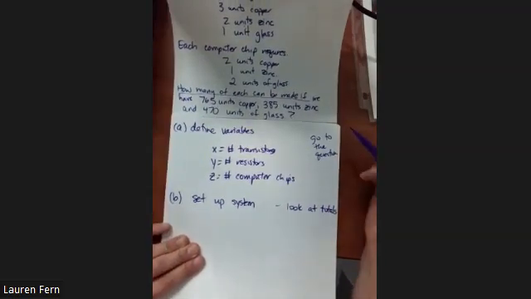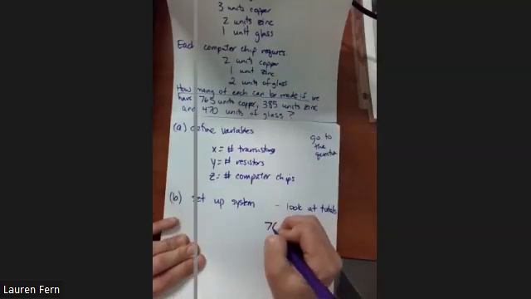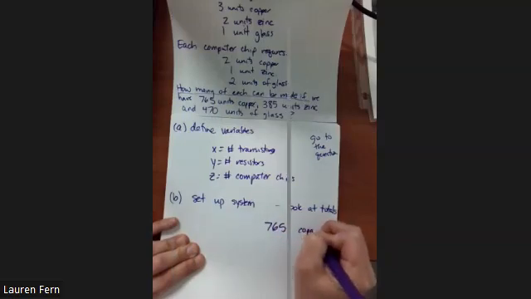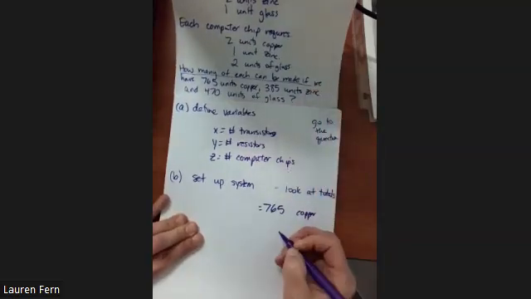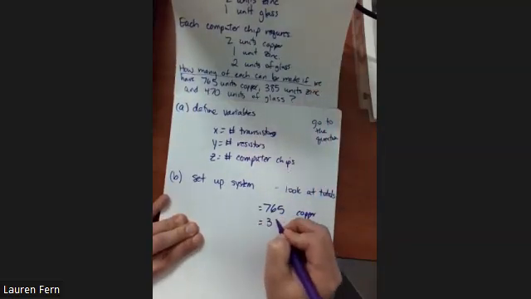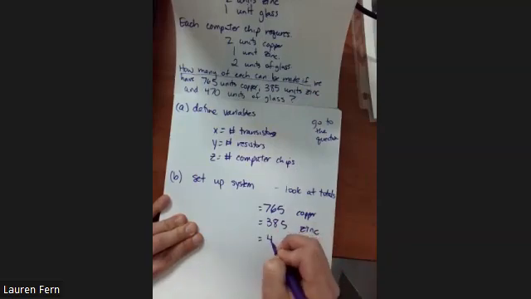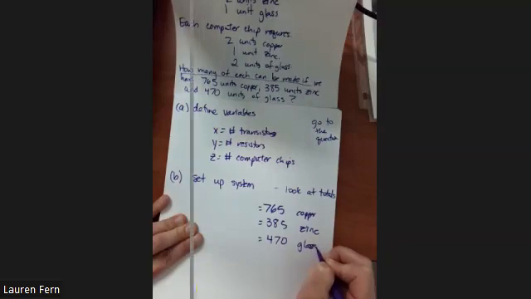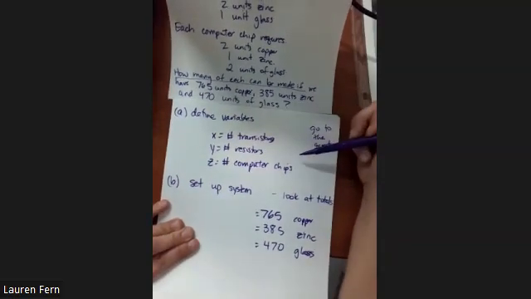So what is one total we're given? How about we have a total of 765 units of copper? What's another total we're given? 385 of zinc and 470 of glass. Do you see how I got these from the totals?